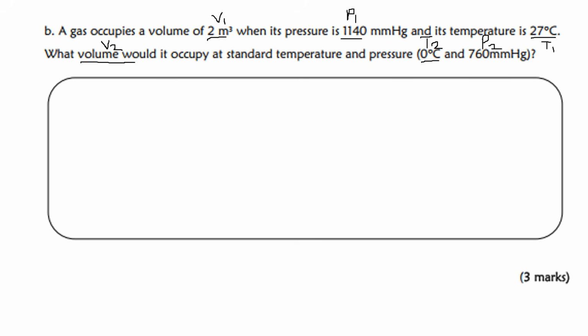Right, so we know V1, we know P1, we know T1, we know T2, and we know P2. So these are known. What we need now is to calculate V2.